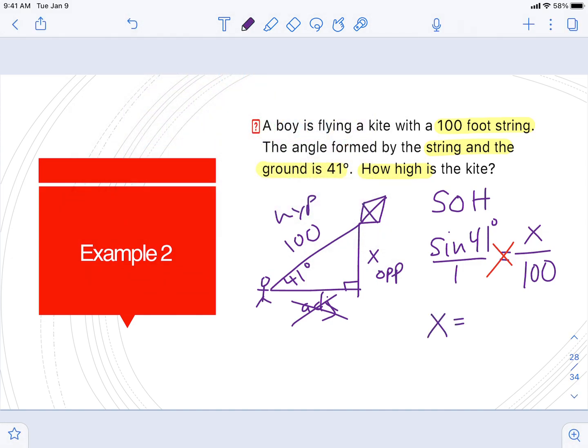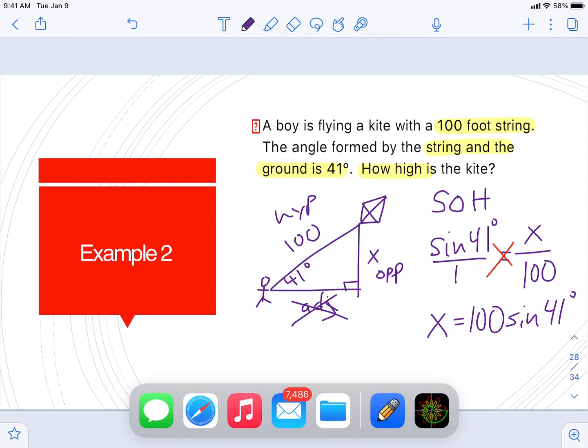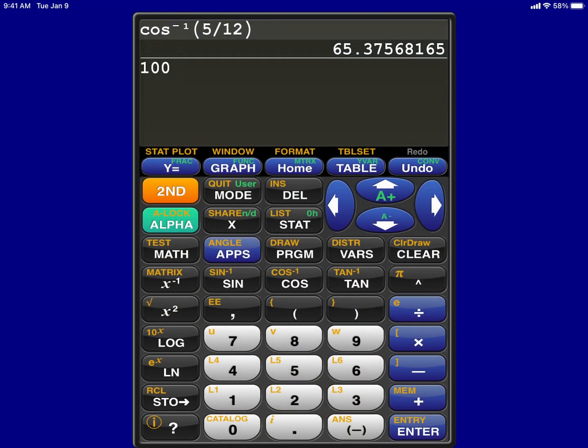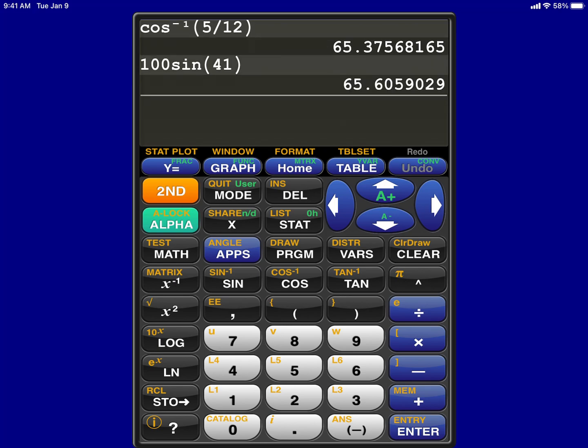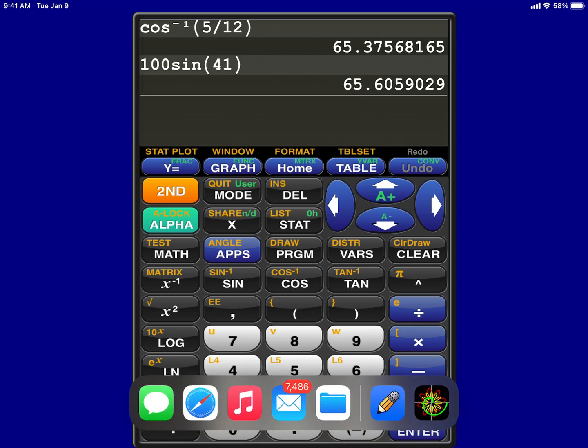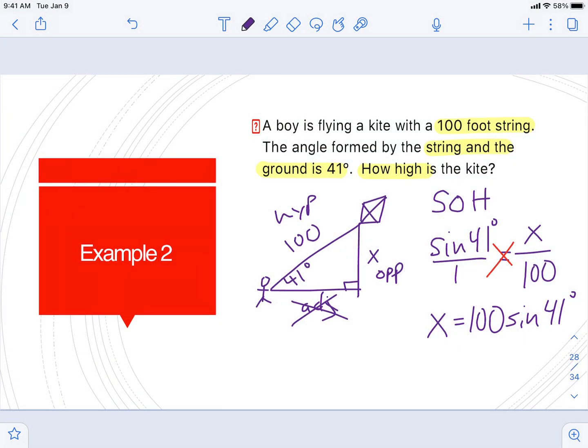On the other side I have 100 times sine of 41. So we'll plug that into the calculator. 100 sine 41 and 65.61. That is how high in the air that kite is.